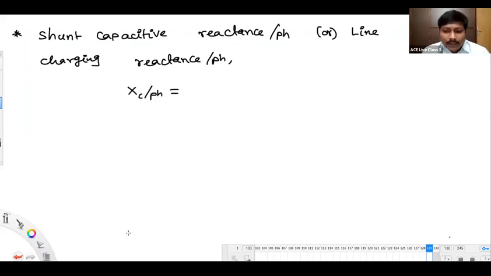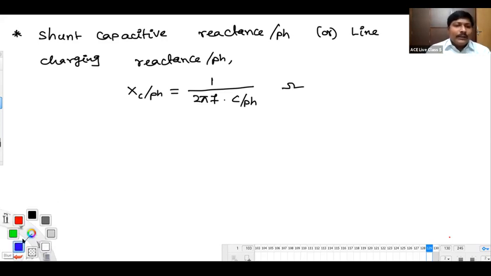The formula for this shunt capacitive reactance is 1 by 2 pi f C per phase. The units will obviously be ohms. We are substituting this capacitance value in farad per kilometer.